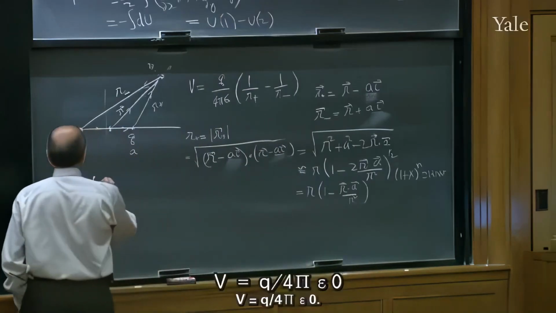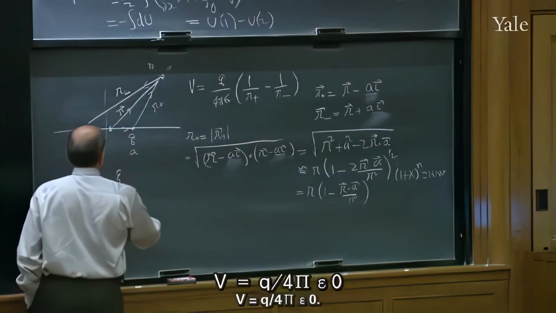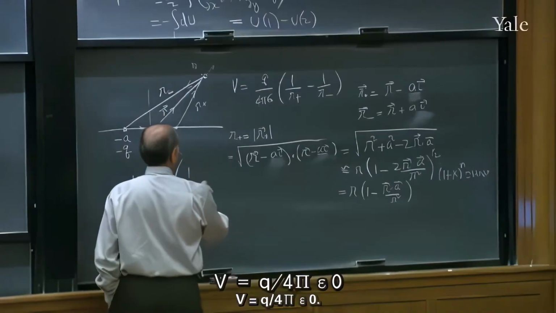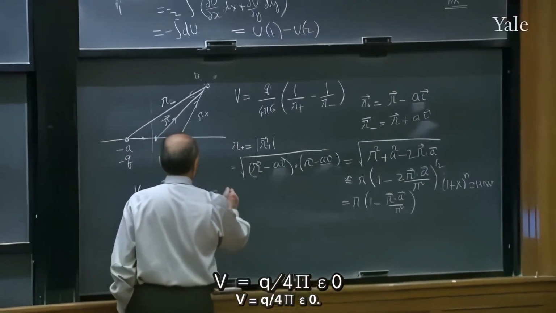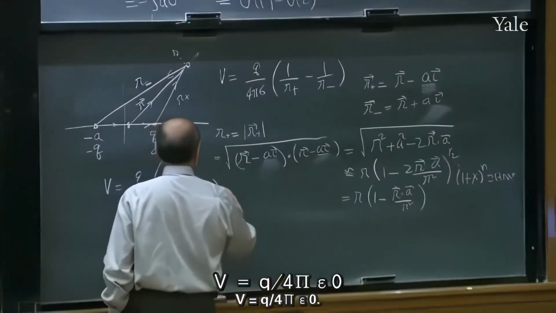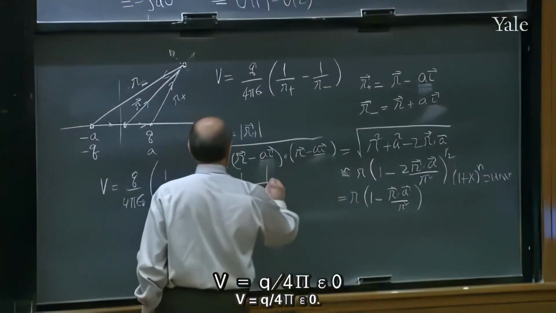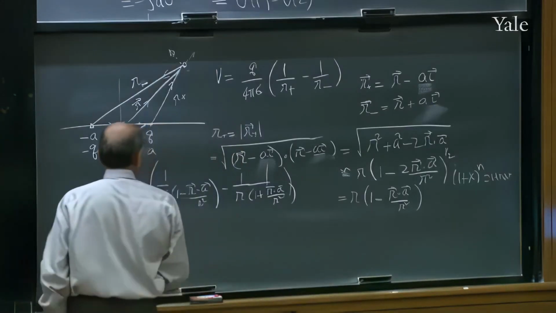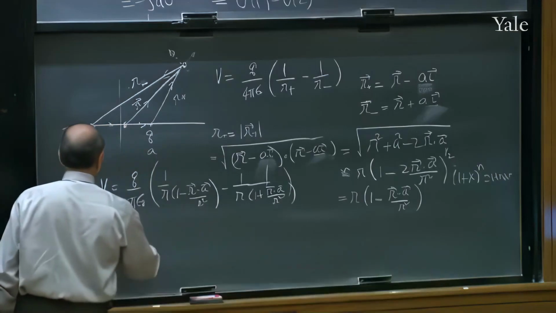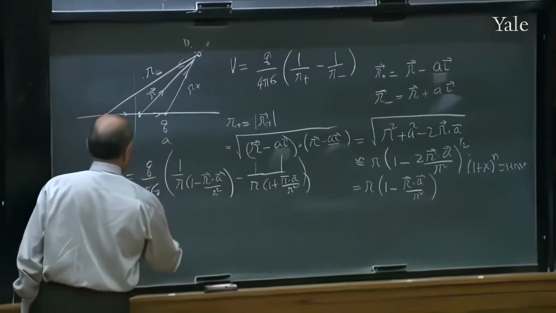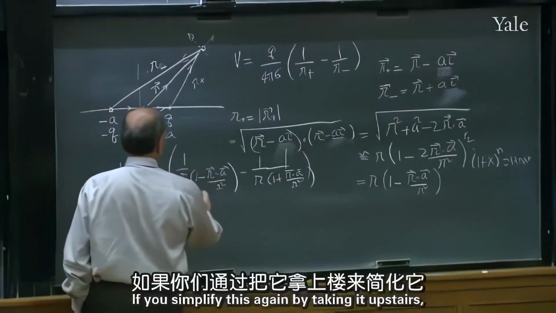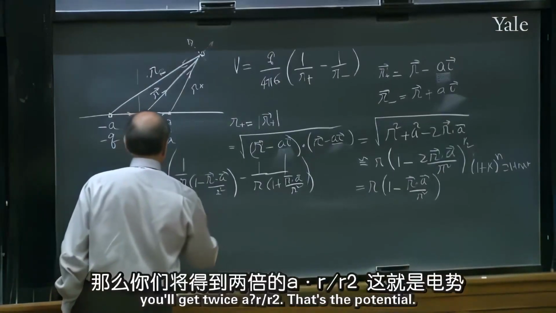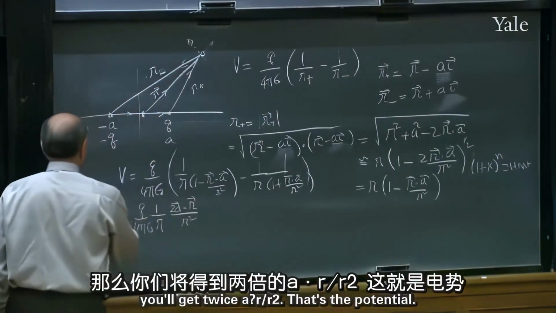So now we can see V equal to Q over 4 pi epsilon 0 times 1 over R times 1 minus R dot A over R squared, minus 1 over R times 1 over 1 plus R dot A over R squared. This is going to be found in every textbook in the planet, so don't worry about it. If you simplify this again by taking it upstairs, you'll get twice A dot R divided by R squared. That's the potential.